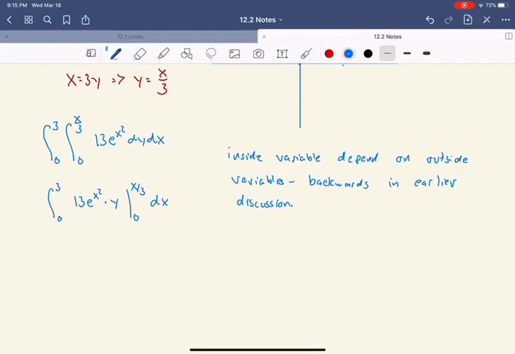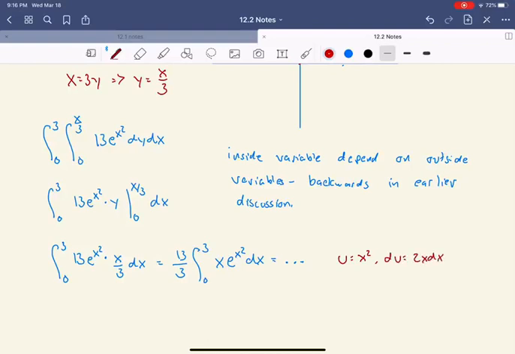So that's going to be from 0 to 3, 13 e to the x squared times x over 3 dx, 13 thirds, integral from 0 to 3, x e to the x squared dx. And you should all know how to integrate that. If you don't, take u equals x squared, du equals 2x dx, and go forth.